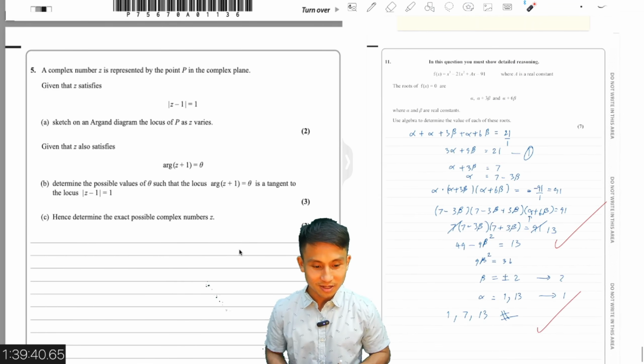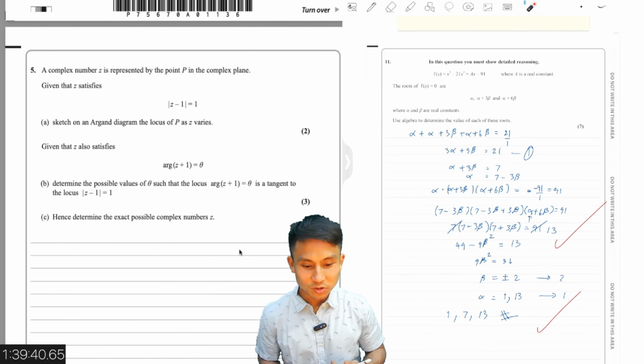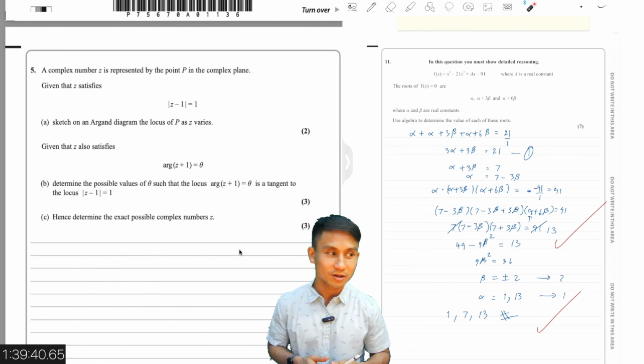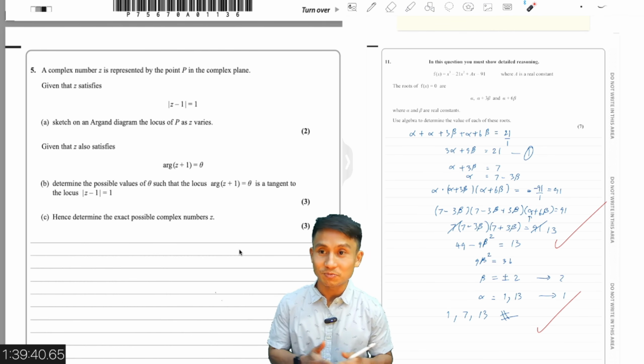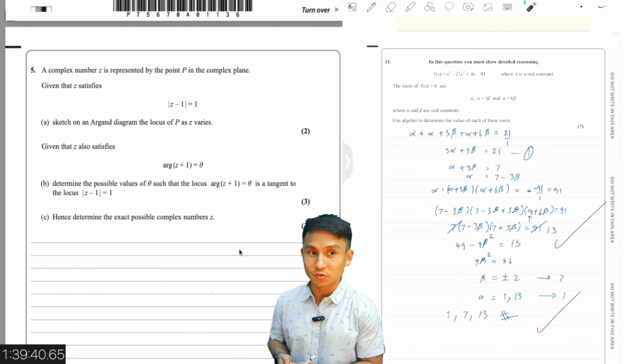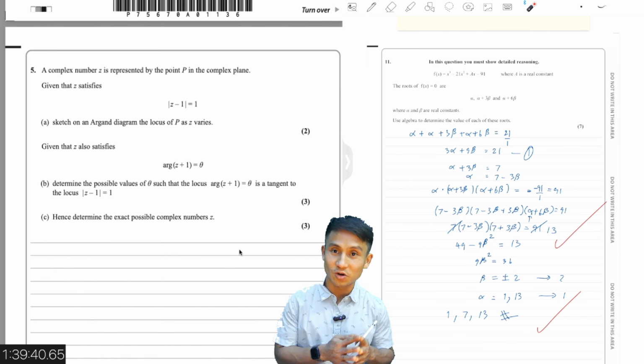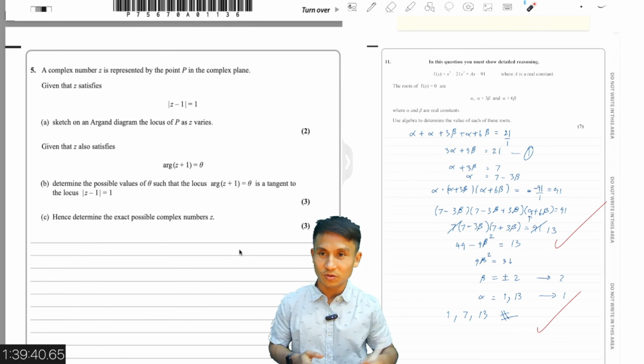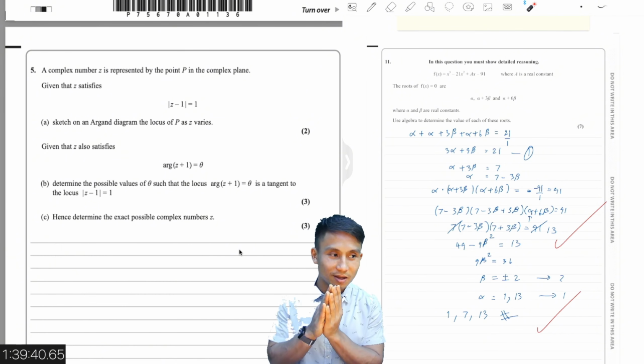And number 10. Make sure you know, just like the quadratic roots, where the sum of roots is minus b over a and the product of roots is c over a. If you increase the order of the polynomial, that also works, but it only works for the sum.